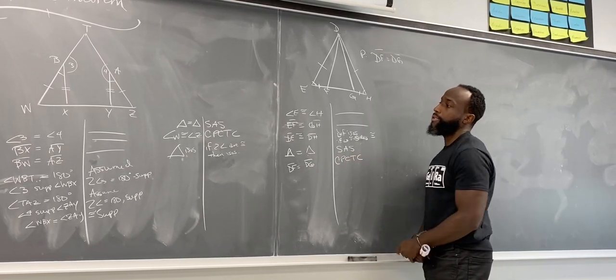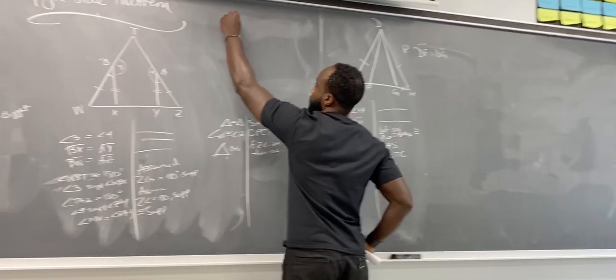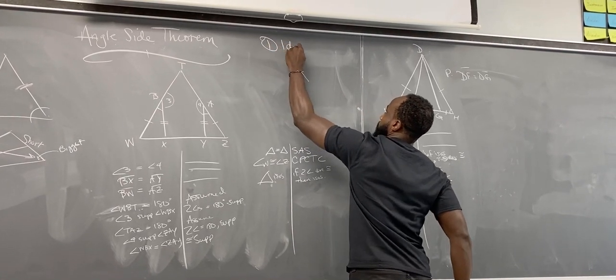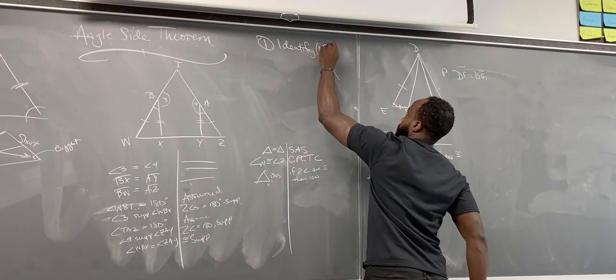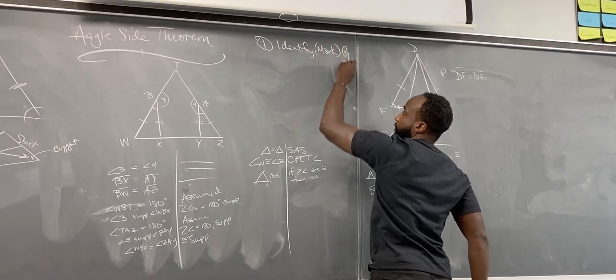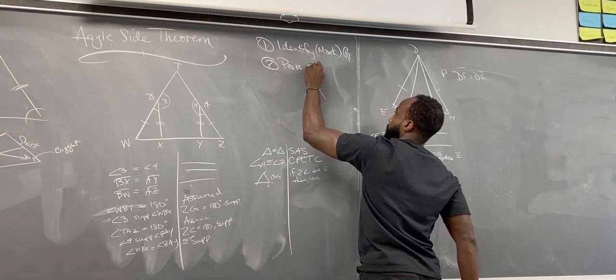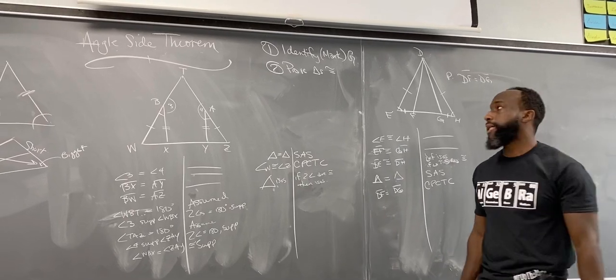CPCTC. All right, so again, with these situations, the first thing you want to do is identify your givens. Mark your givens, right? The next thing you want to do is prove the triangles congruent.